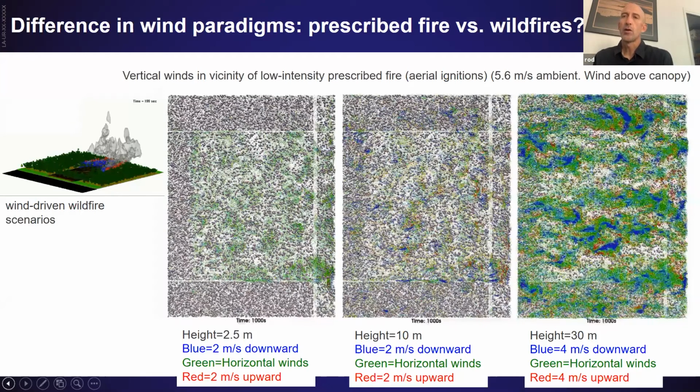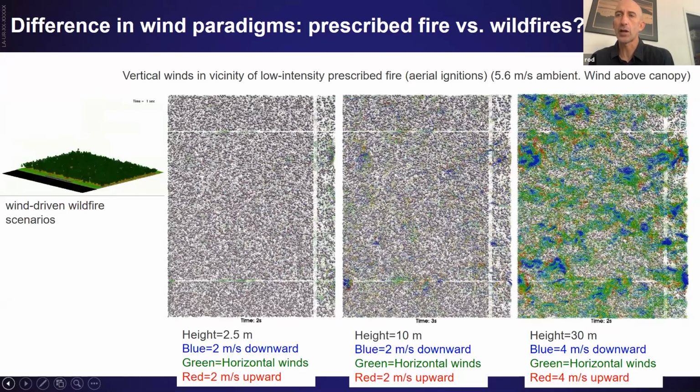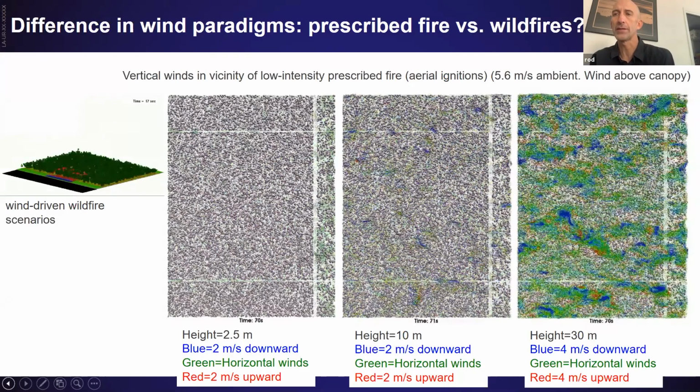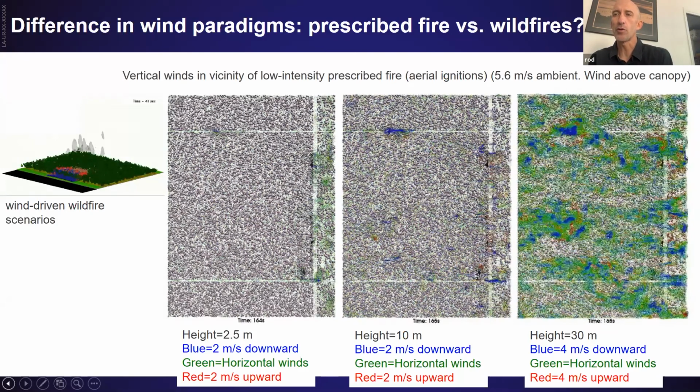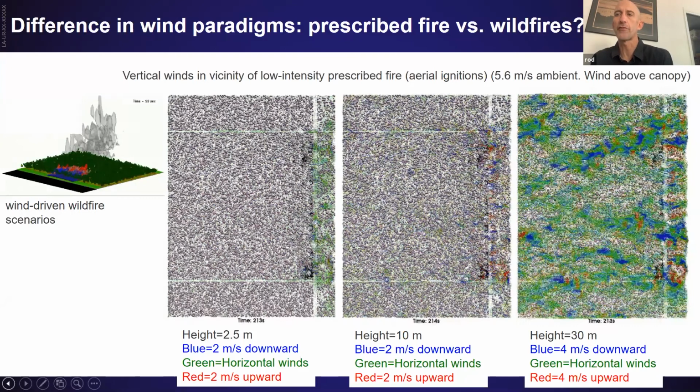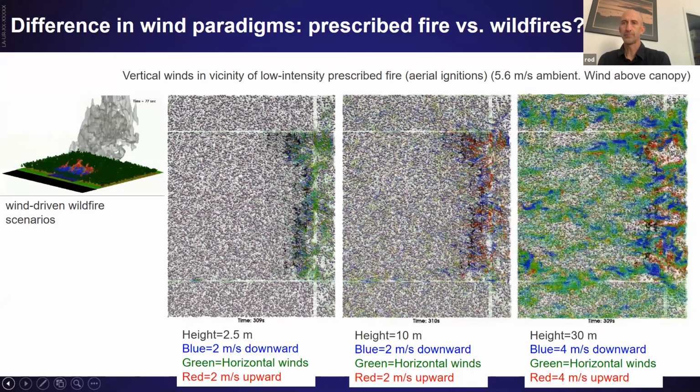And so the wind paradigm and the drag and the circulations around a prescribed fire are often quite different than they are in a wildfire. This is really important, that we be able to capture those effects in our modeling. Go ahead, Kevin.